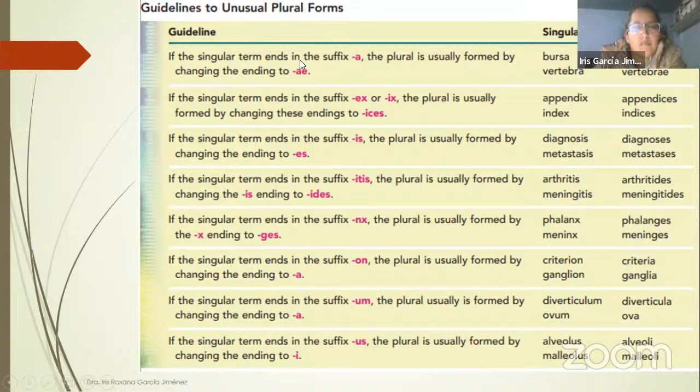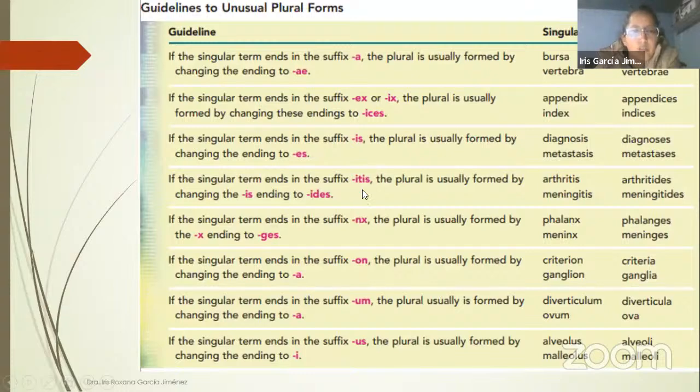If the singular term ends in the suffix a, the plural is usually formed by changing the ending to ae. For example, in singular, we have bursa, in plural, bursae. Or it could be read in other countries as bursas again. We have vertebra, in plural, vertebrae. The pronunciation is the same with these specifically.